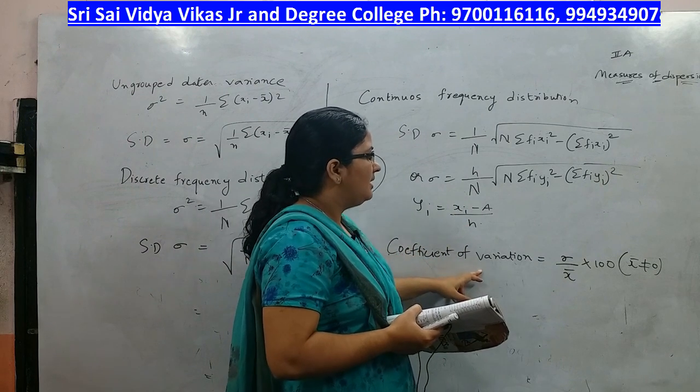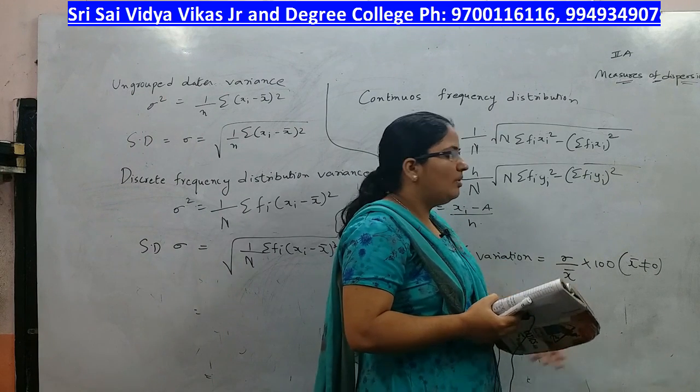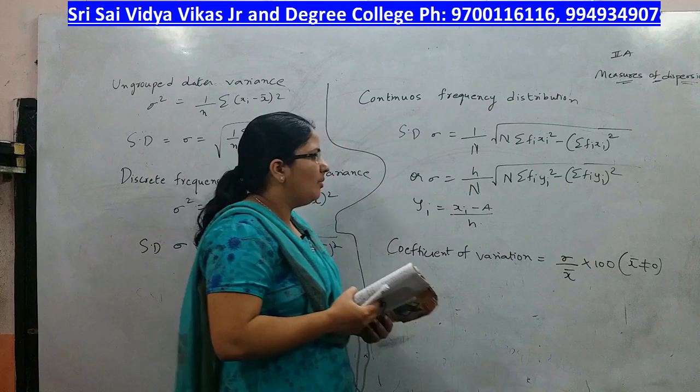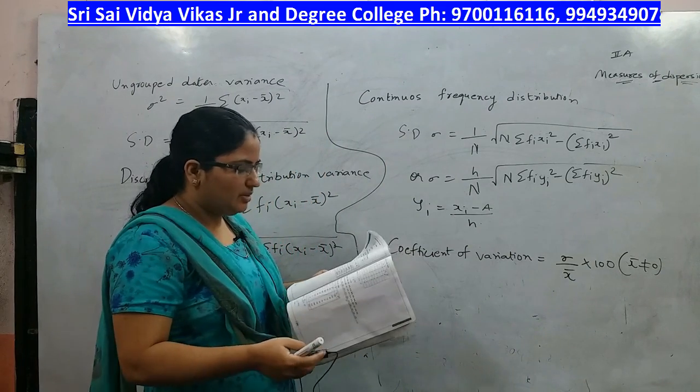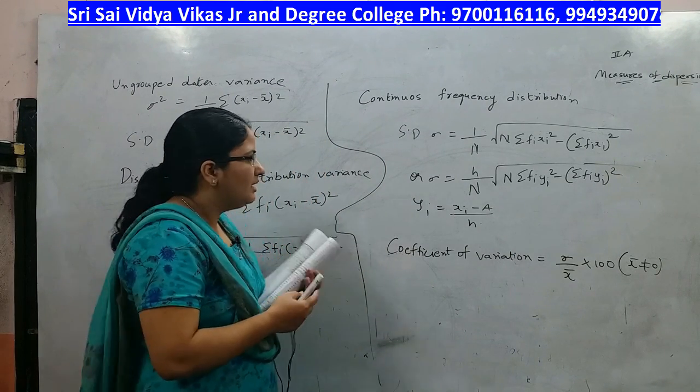Coefficient of variation is sigma by x bar into 100. Now, based on these formulas, we shall do the next set of problems.